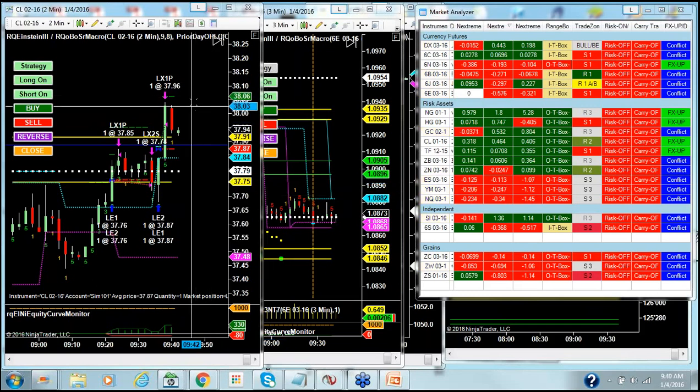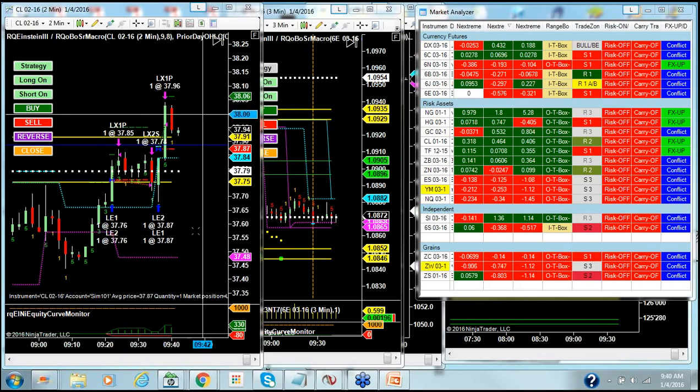Came close. Let's see if it can run back up.